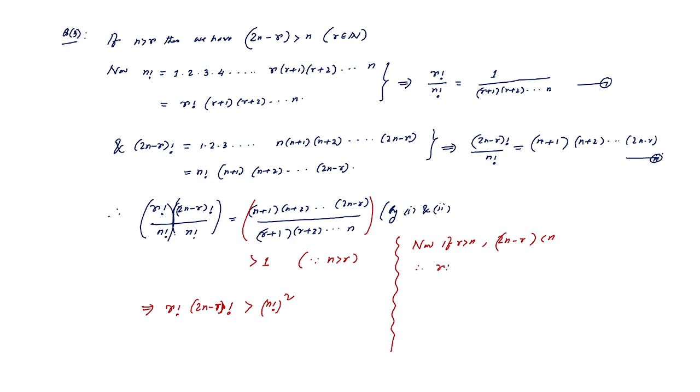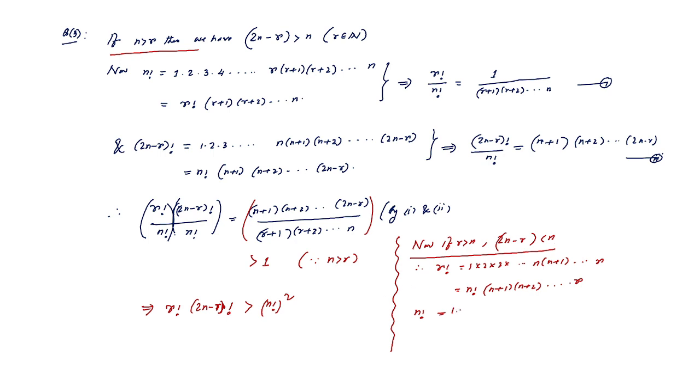So therefore r factorial is 1 into 2 into 3 up to n into n plus 1 up to r, that will be n factorial multiplied by n plus 1 into n plus 2 up to r, and n factorial equals to. So this is the case for n greater than r. Now actually we are continuing with r greater than n.